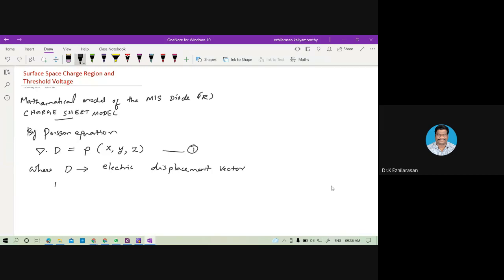That is, D is equal to epsilon s into E. Consider this equation number 2, under low frequency or static conditions, where epsilon s is nothing but the permittivity of silicon.